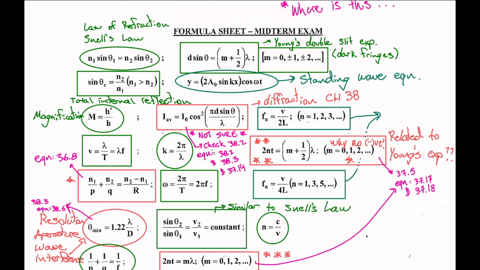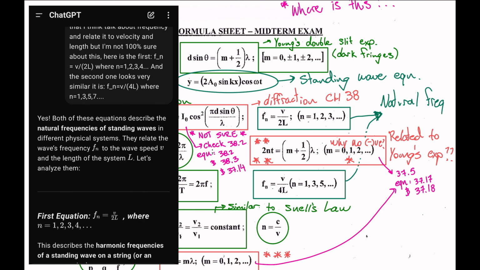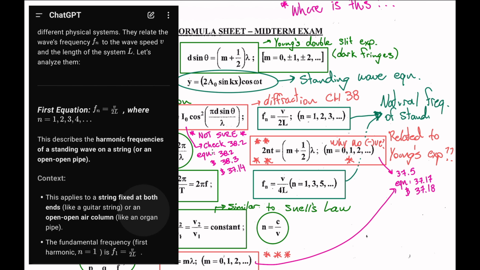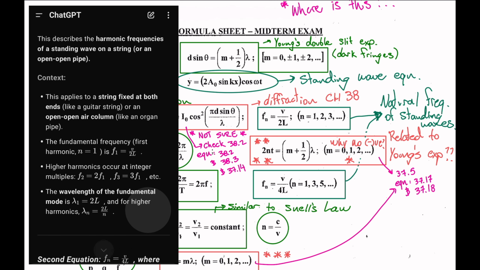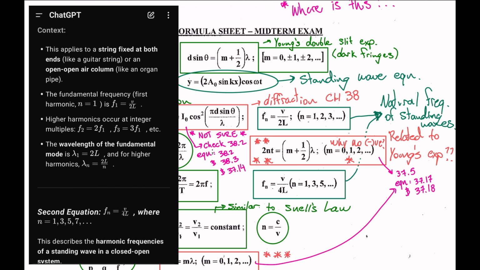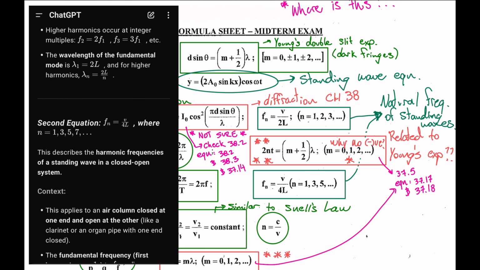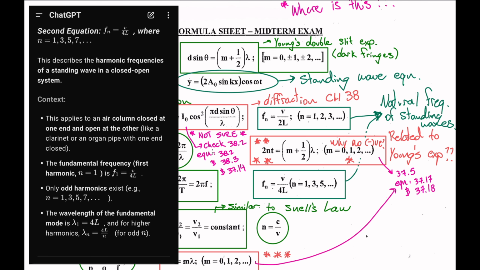Combine both of these because these are natural frequencies of standing waves. You can see this on ChatGPT as well here. Something related to harmonics. Again, I haven't really seen a problem related to this, but maybe you could search up something related to standing wave frequencies on YouTube.